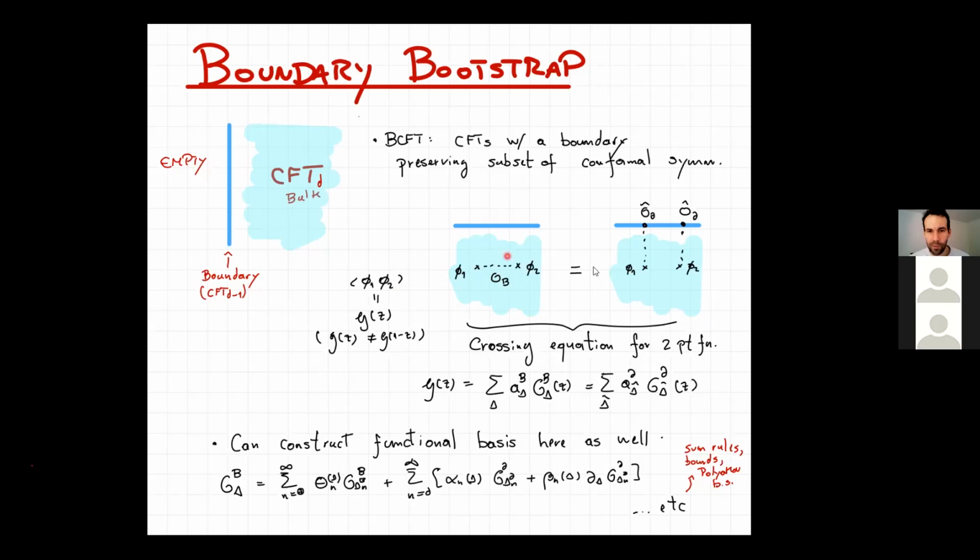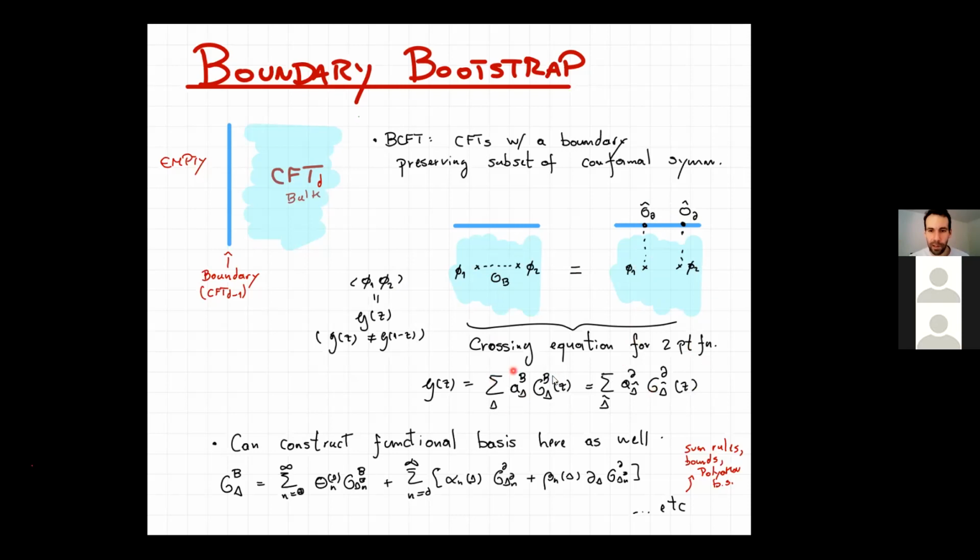So this will be a non-trivial function. This is one way to do it. The other way is to take an OPE with the boundary. In this case, you expand the bulk fields in terms of boundary operators, and you get another decomposition for the two-point function. Demanding that these two decompositions match gives you a crossing equation.